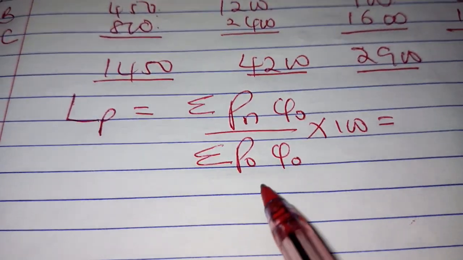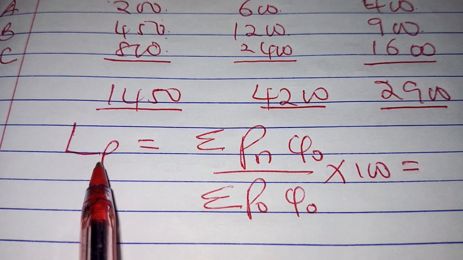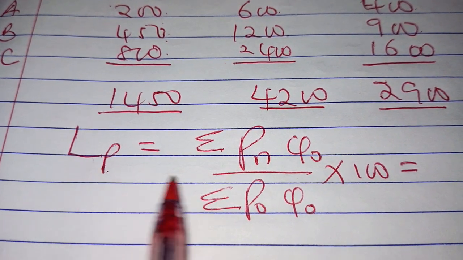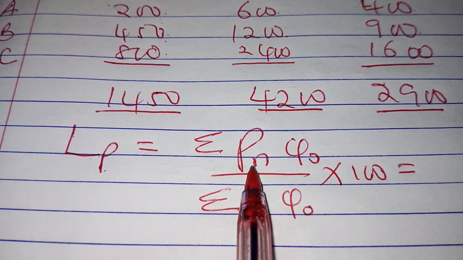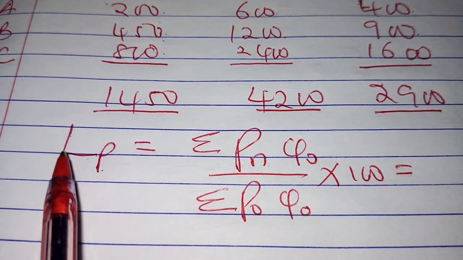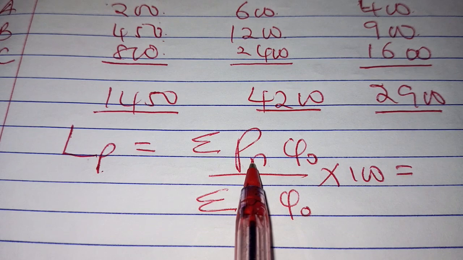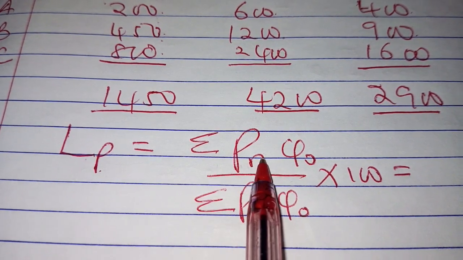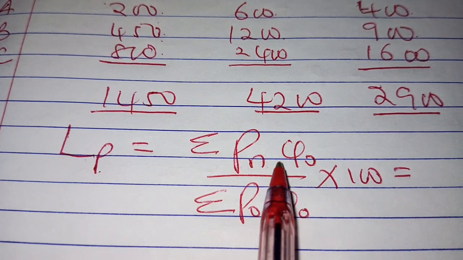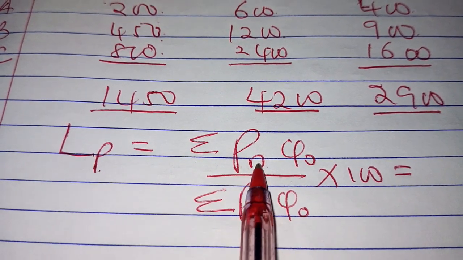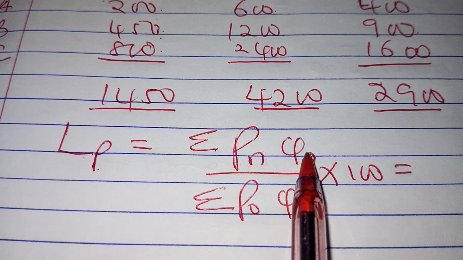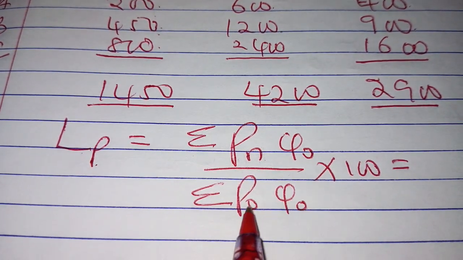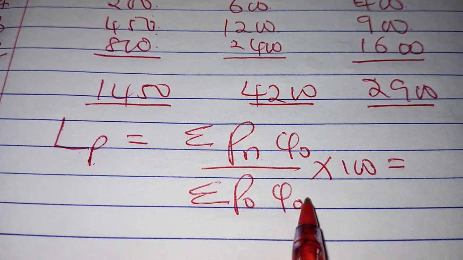Being very keen, you have to understand the P. Whenever we are doing the Laspeyres price, the price is the one having an N. The N is in the numerator, so the numerator becomes PN, and in the denominator, the P and the Q will always be zeros: PO, QO. Then you multiply by 100.